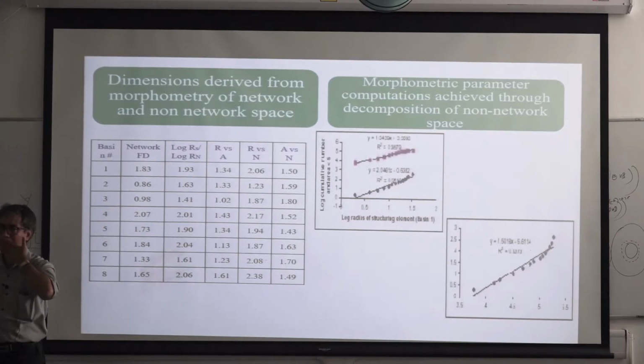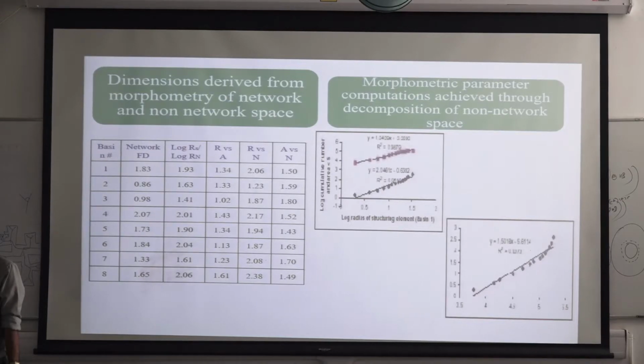So does it mean that, for example, a catchment is there? My graph is, let's say, x is the discharge and y is the slope.